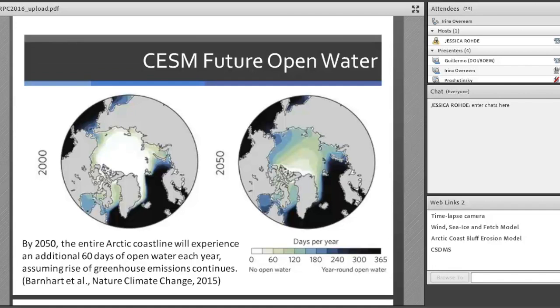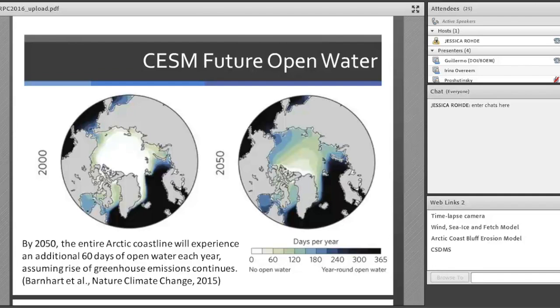What this is illustrating is the number of open water days in 2000, where you can see that in many areas it's still only 60 to 90 days, especially in Baffin Bay and along the Beaufort and the Chukchi and the Russian coast. And then if you step to 2050, that's mightily changed.